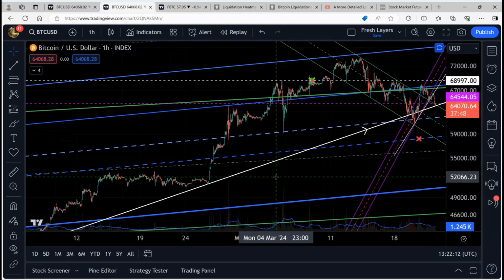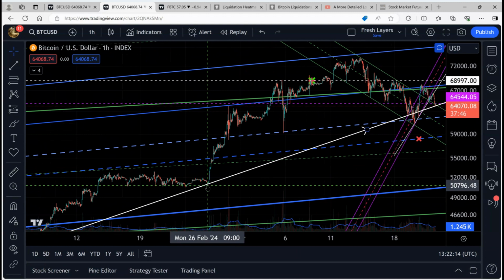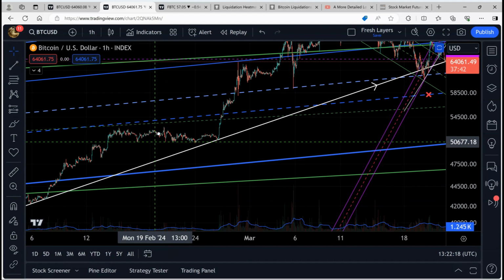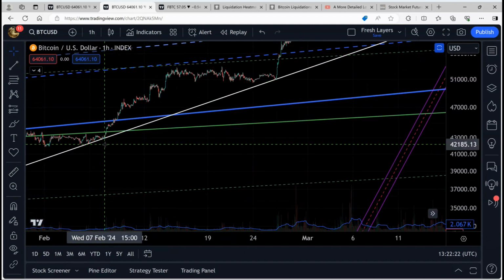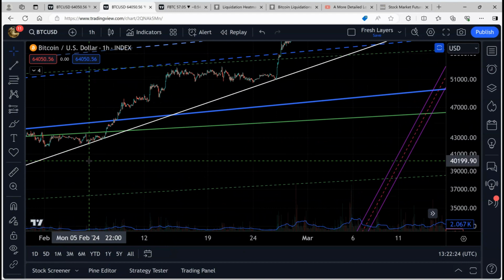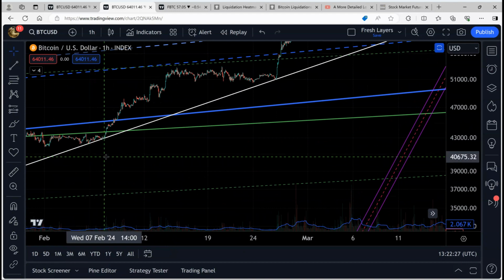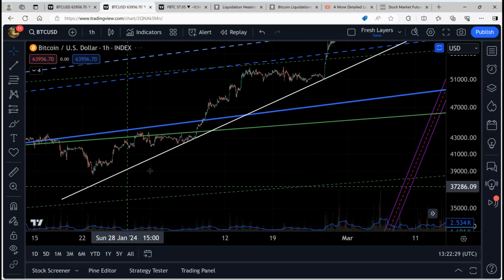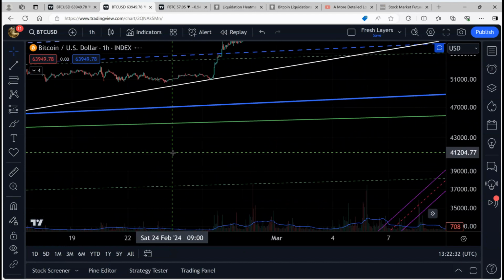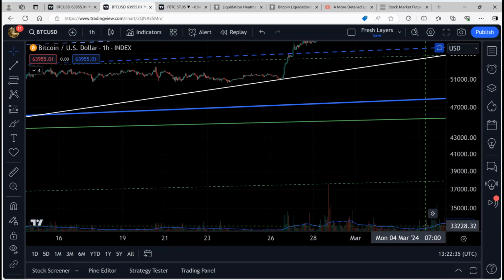This trend line then goes back here to the 26th of February and the 7th of February and the 5th of February. Yeah, that's about it. And if I zoom in here, let me put this on auto.